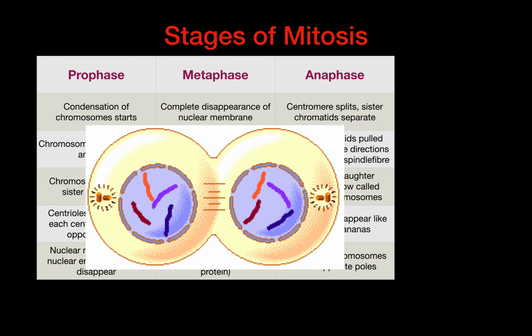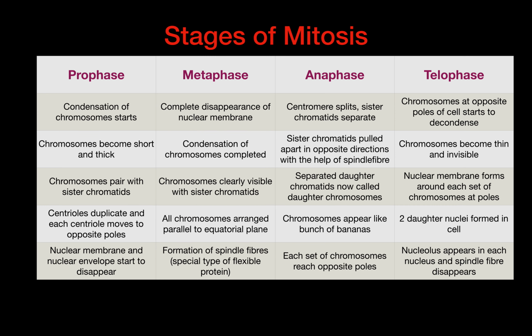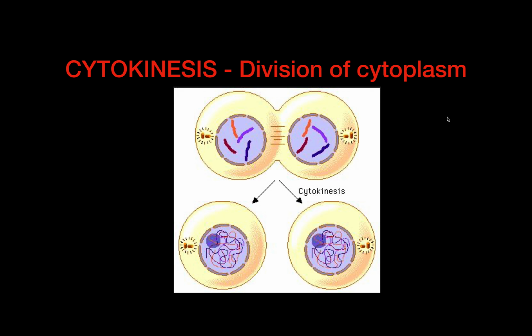And then there is our last phase, the telophase, wherein the chromosomes at opposite poles will start to decondense. They will once again become thin and invisible. The nuclear membrane will start to appear, and hence there is formation of two daughter nuclei. The cytoplasm is still one, but the nuclei are two, and this will initiate the next phase, cytokinesis.